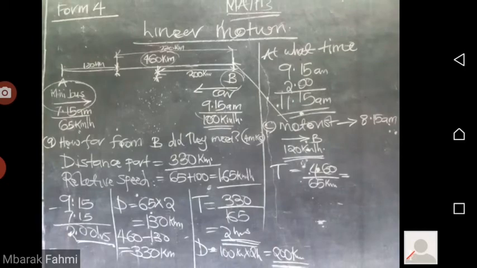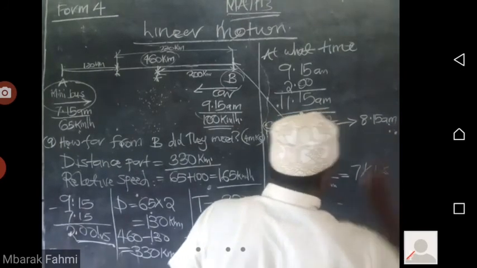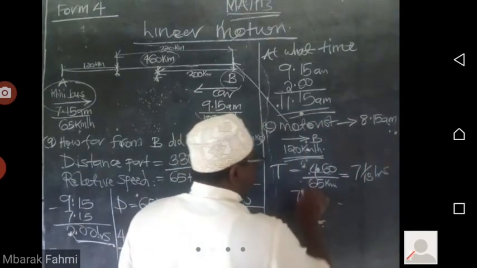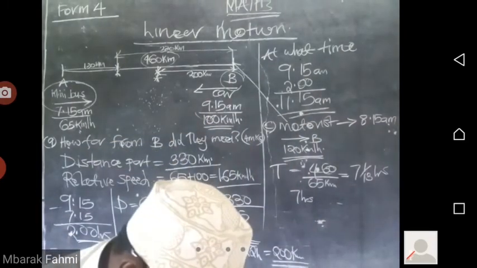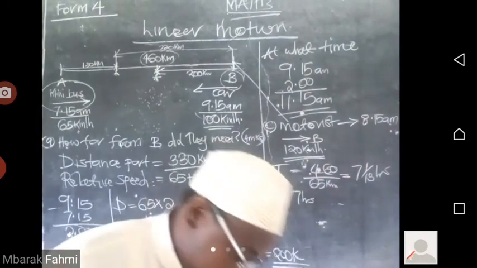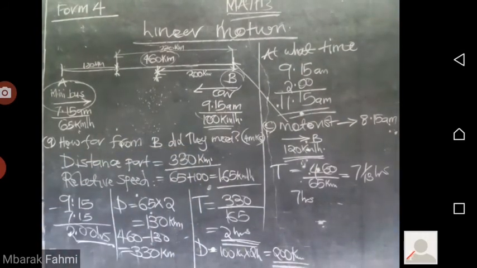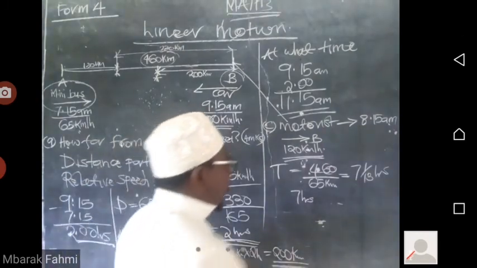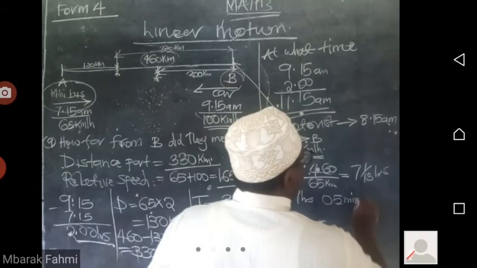It will take 7 and 1 over 13 hours, which is the same as 7 hours and how many minutes? You take 1 over 13 multiplied by 60. It is going to be 4.615. So if you round that to the nearest minute, it will be 7 hours and 5 minutes.